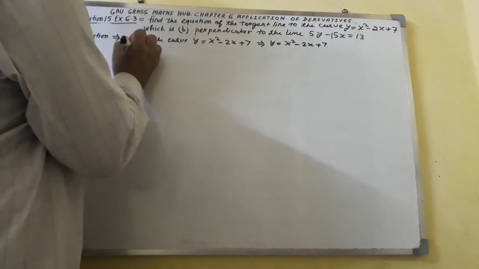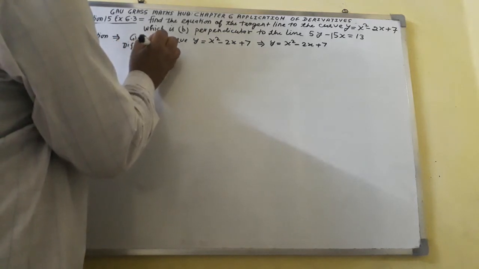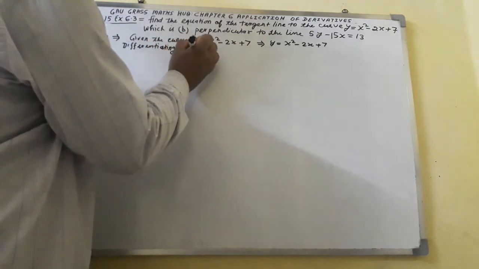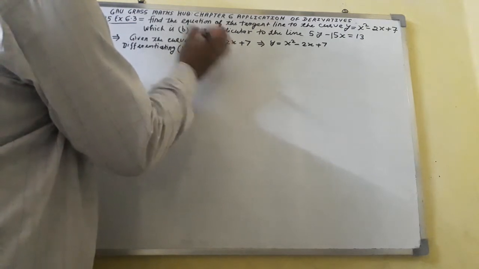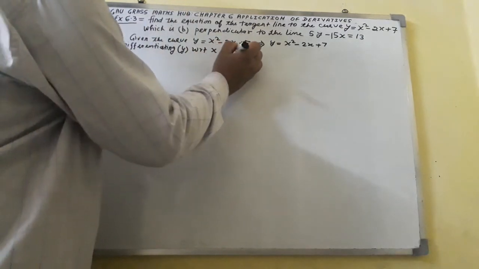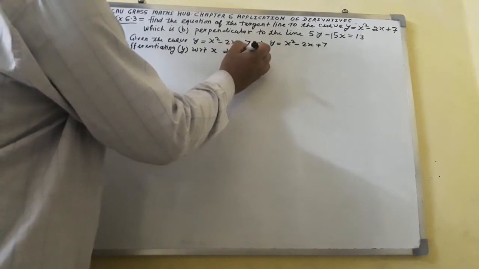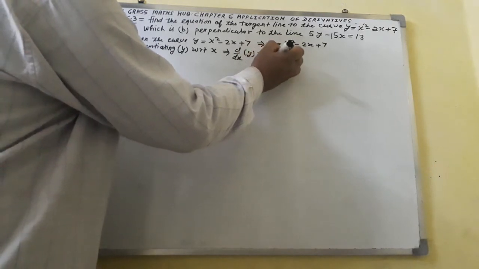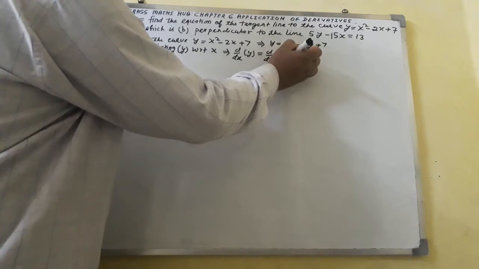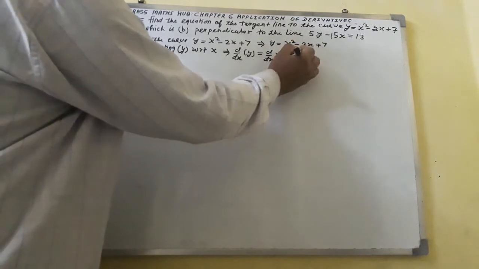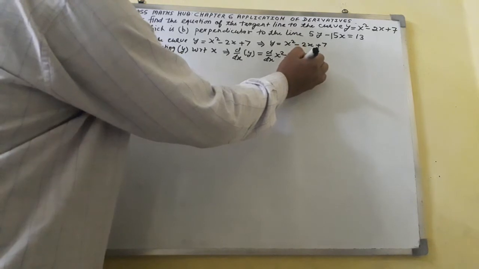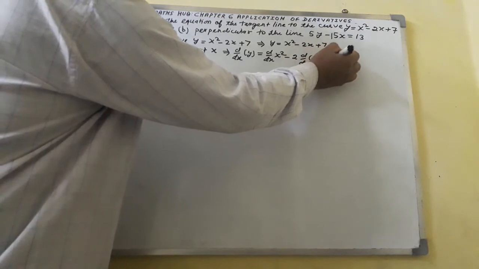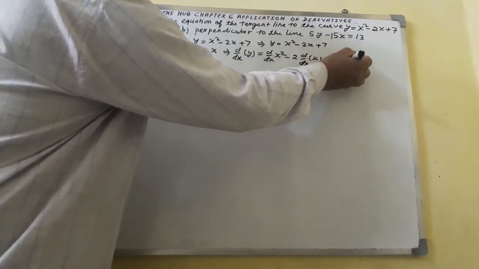Differentiating y with respect to x, implied that d over dx of y equal to d over dx of x square minus 2 d over dx of x plus d over dx of 7.